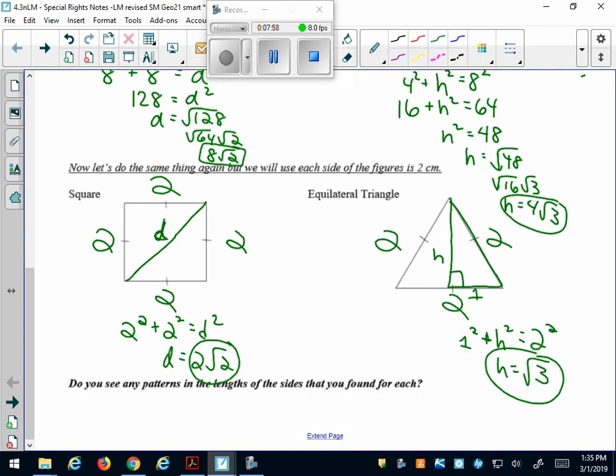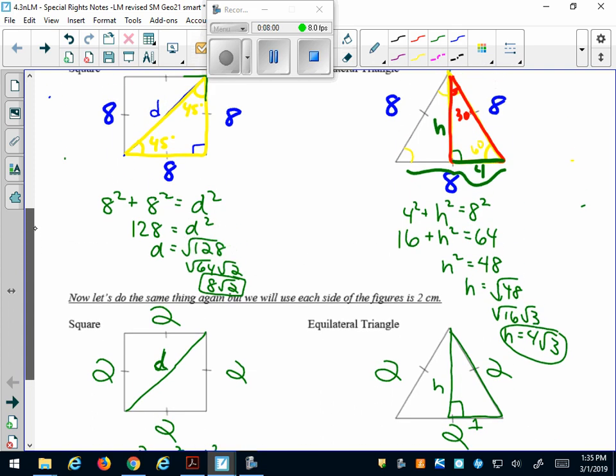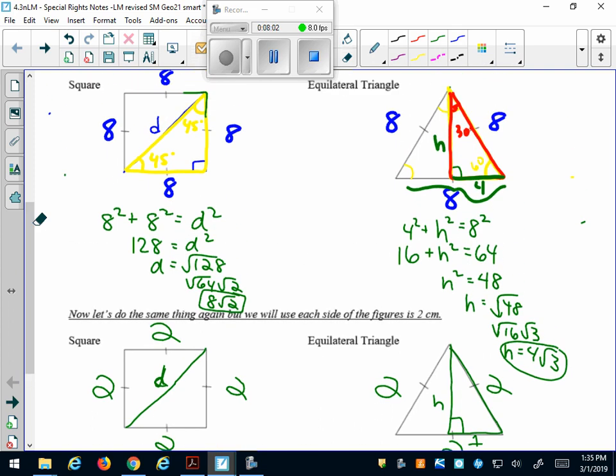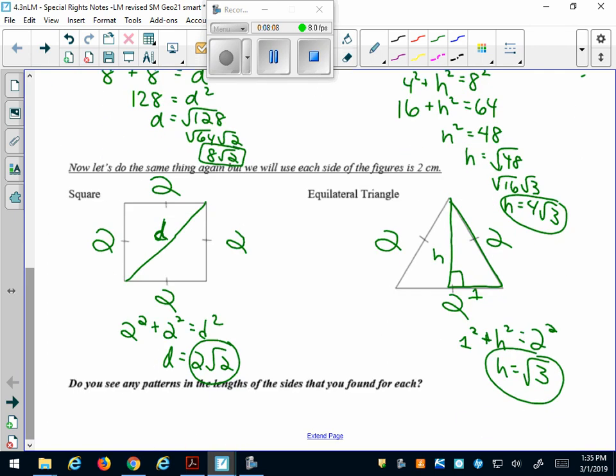Okay, so let's look at the patterns. When each side was 8, the diagonal was 8 root 2. When each side was 2, the diagonal was 2 root 2. If each side is 25, what do you think the diagonal is going to be? 25 root 2. If each side is 100, what's the diagonal going to be? 100 root 2.